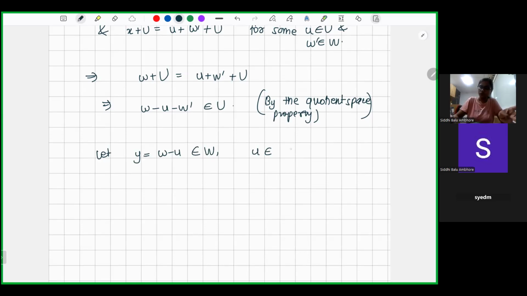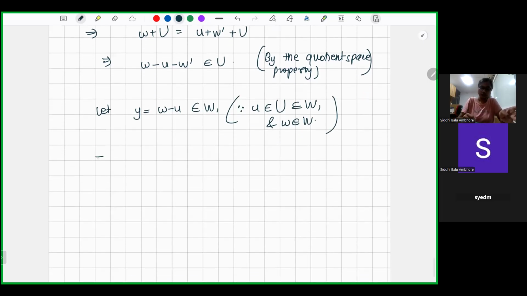Because U belongs to U, which is contained in W, and W belongs to W. So this Y, this new element, belongs to W. So this implies Y minus W dash belongs to U, which is also contained in W.